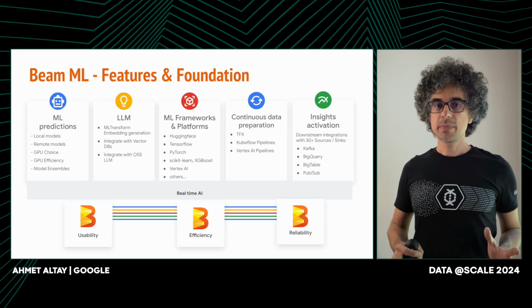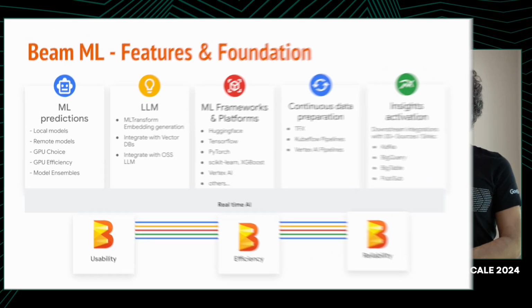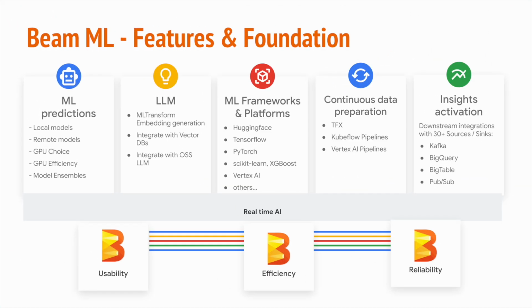Going back to BeamML, BeamML is built on top of three foundational aspects: usability, efficiency, and reliability, and we will do a deep dive on each one of those. At the same time, it offers a rich set of features for ML practitioners. For example, it offers ML predictions with remote or local models with efficient hardware use. It integrates with LLMs.